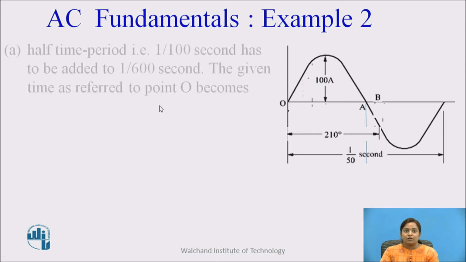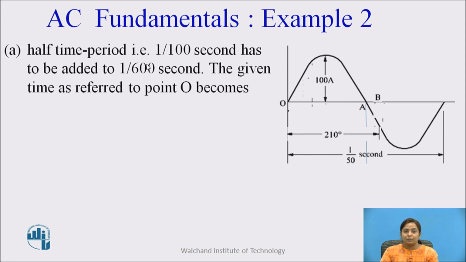Okay, now a half time period. Here the frequency is given as 50 Hz. So the total time period is 1 by 50, half time period is 1 by 100, and so up to the O to A point, the time is 1 by 100, which is the half time period.